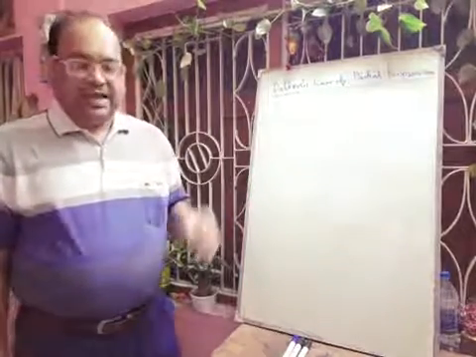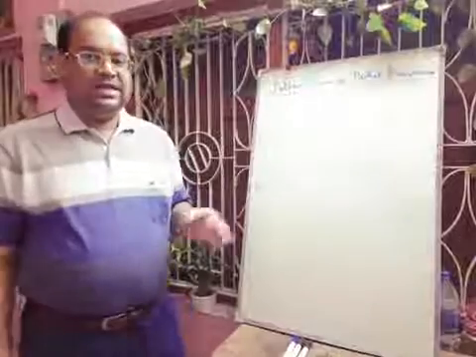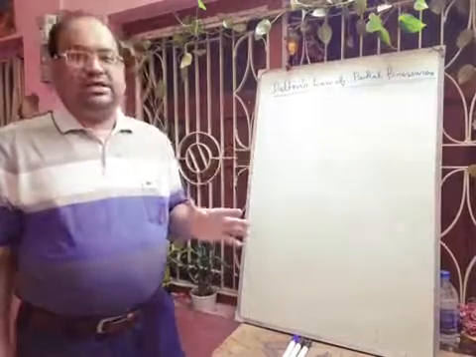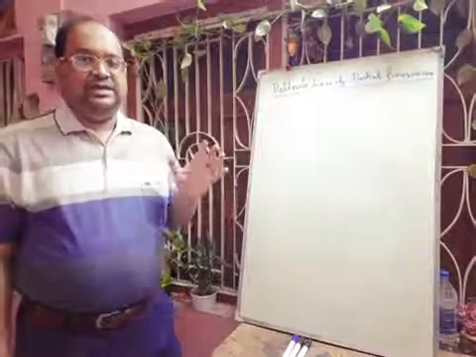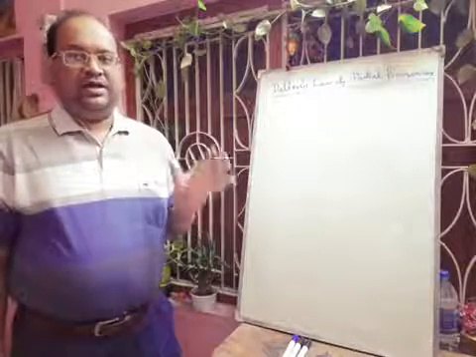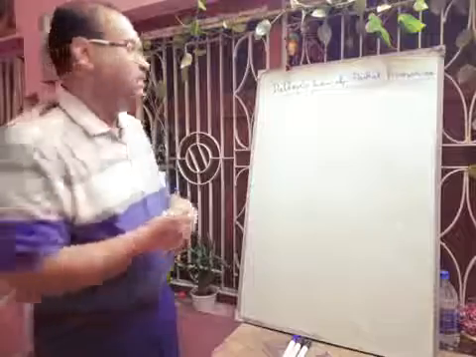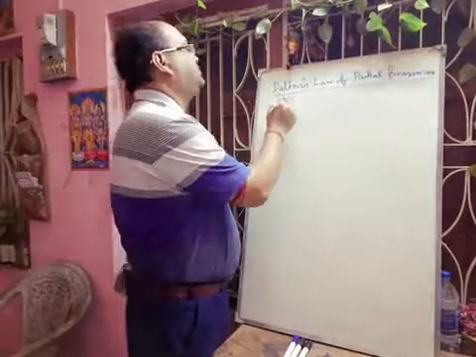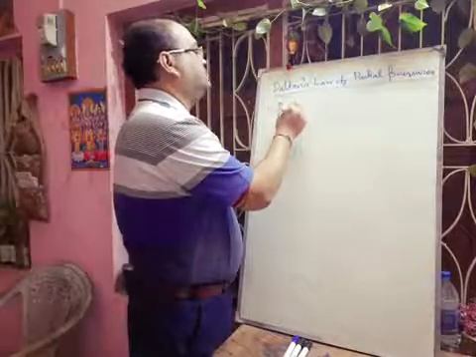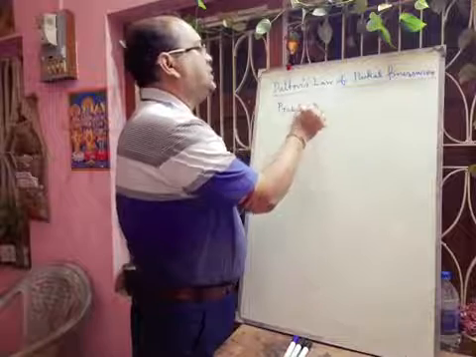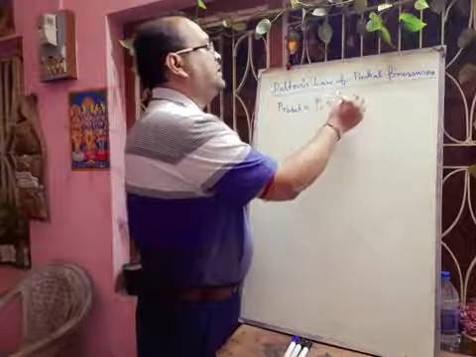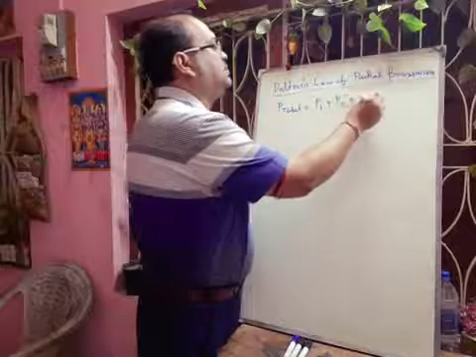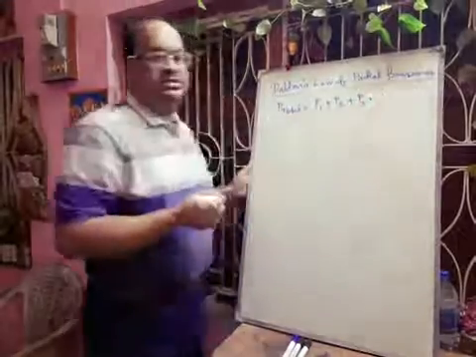So here P total is equal to P1, that is the partial pressure of gas 1, plus partial pressure of gas 2, plus partial pressure of gas 3, plus so on.